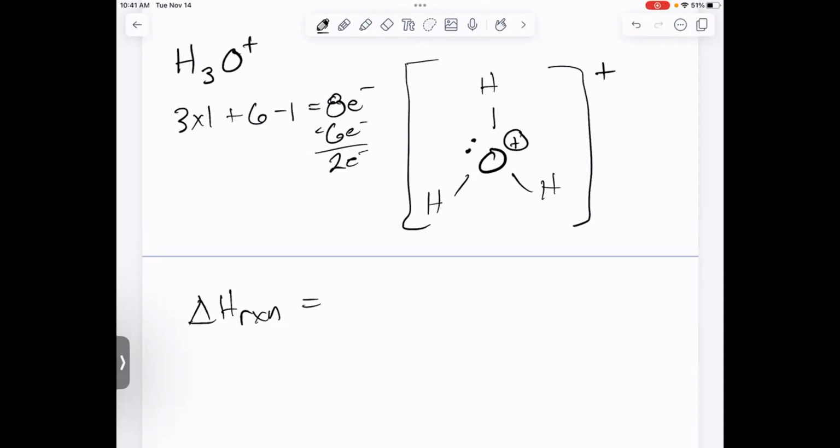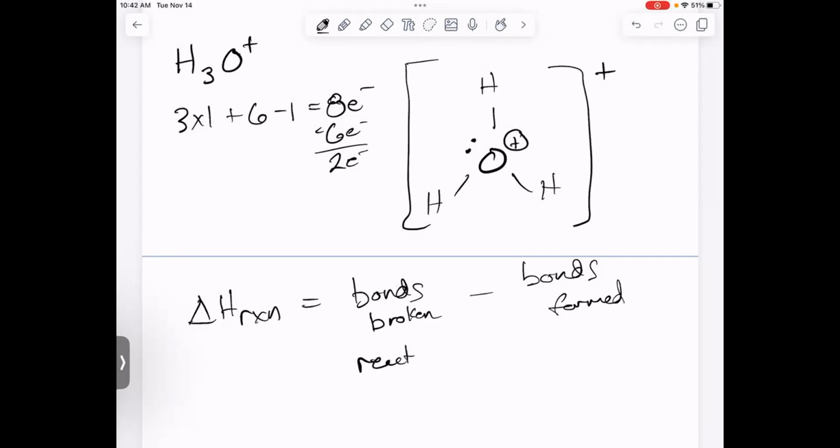Before we had enthalpies of formation, it's products minus reactants. In this case, it's really bonds broken minus bonds formed, which, if you're thinking about it, your bonds broken are going to be the bonds that are in your reactants.